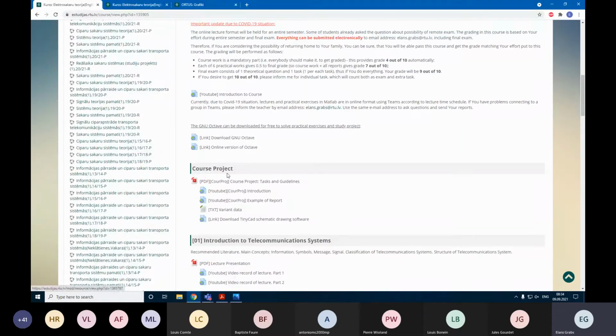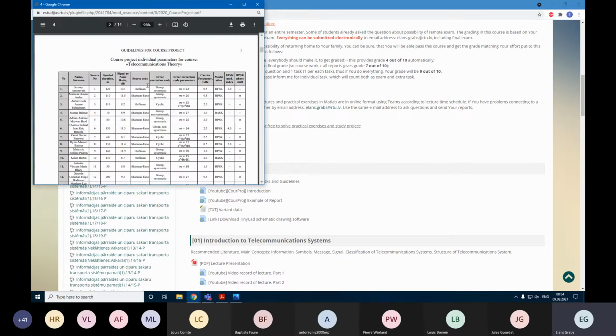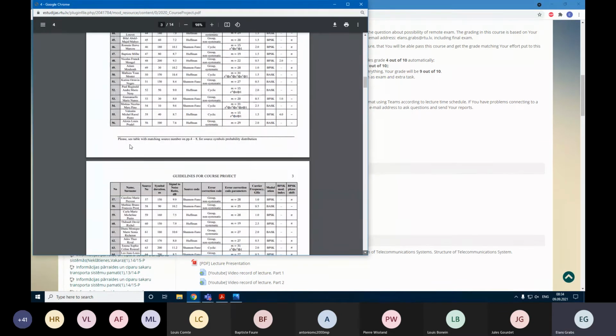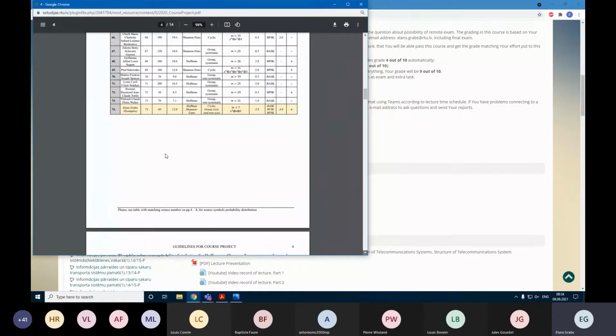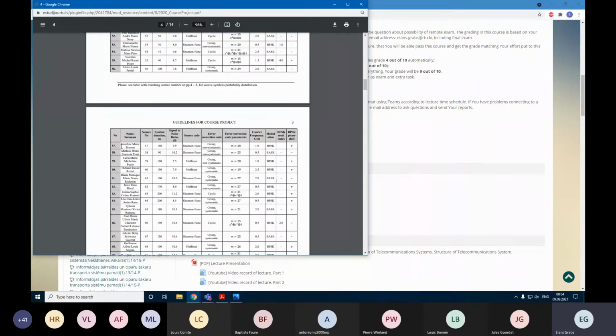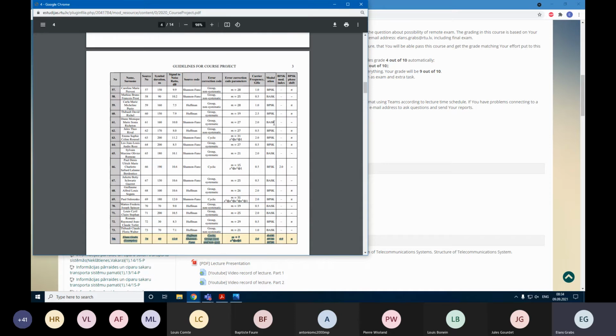I will soon enough provide this file for you, because I need to assign these variants to you. There are a lot of you, and everybody should have a specific set of parameters. I will also assign some parameters to myself to show in examples.